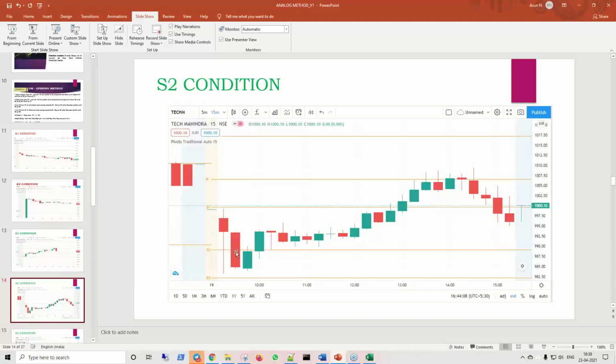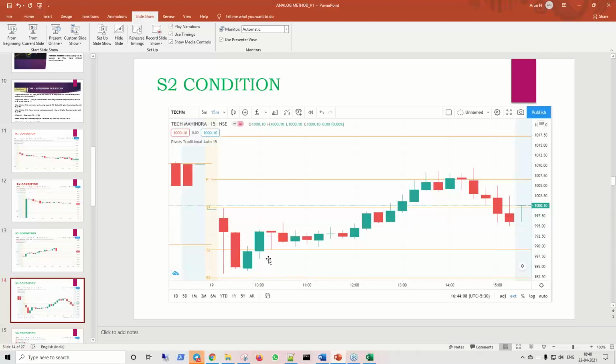Here we will not take because we haven't got any green candle. Here we have a green candle, and again it's like a double bottom confirmation. This is our entry candle, so you would have entered around 988. SL is 982, so 7 rupees is SL, and the target is S1. Here it went till target 2.